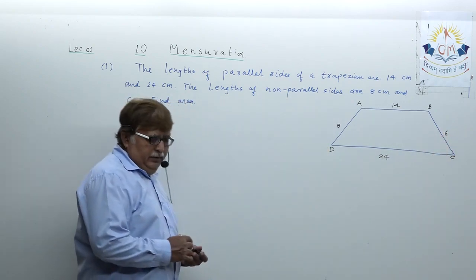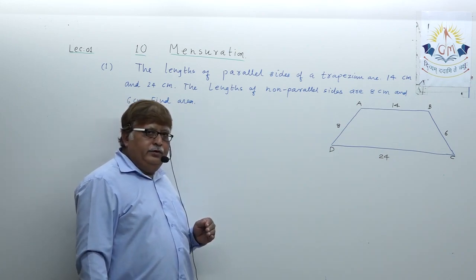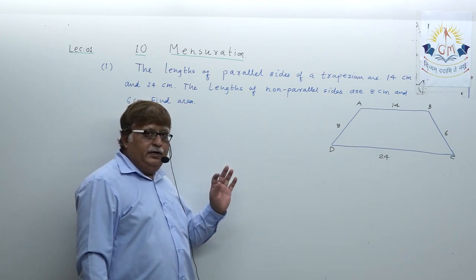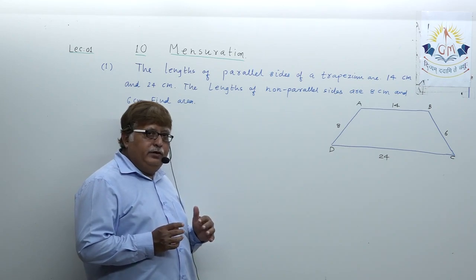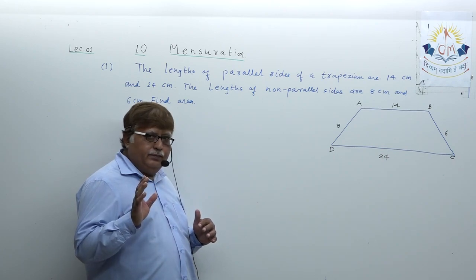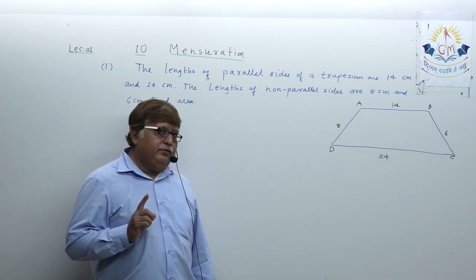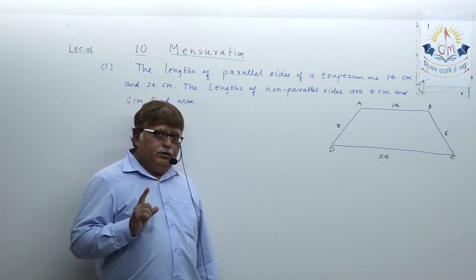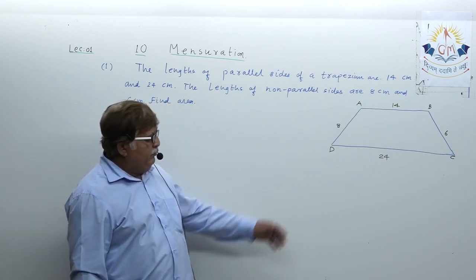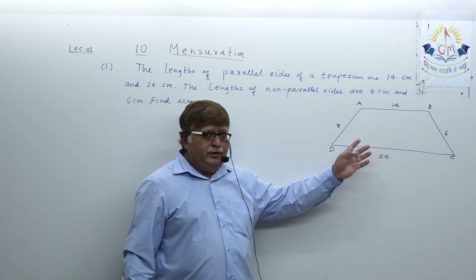Now, dear student, after representing the given data in the format of diagram, the basic is that you should be very clear. To find the area of trapezium, what you require? Length of parallel side you have, AB 14, CD 24.